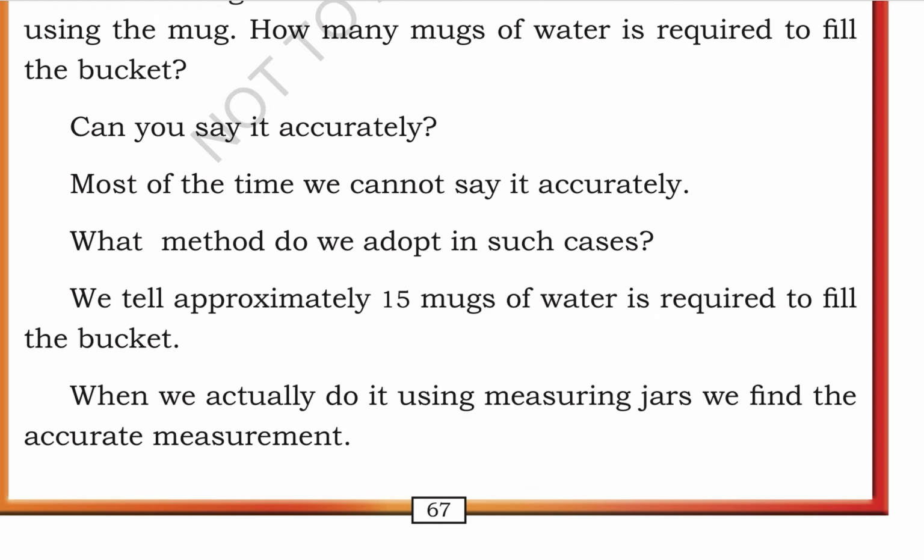You have drank from a 500 ml bottle. From half liter bottle you have drank some water, and some water is left in the bottle. Can you accurately say what is the volume of water inside the bottle? No, we cannot say accurately. By seeing the bottle, we can say only estimated volume.